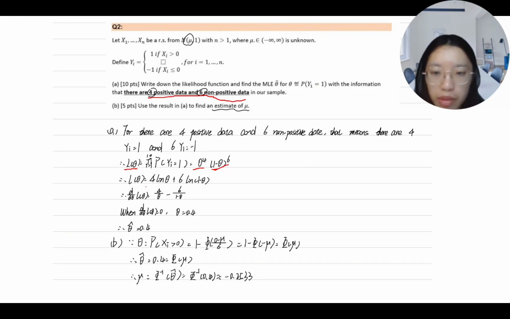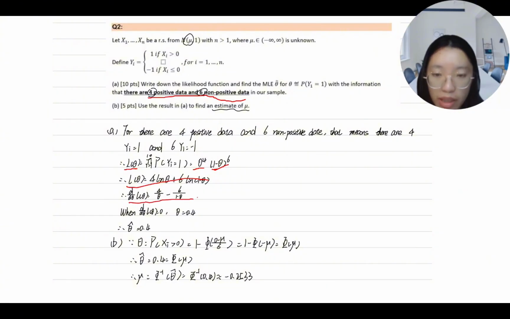And then we take the ln of both sides of the equation at the same time, and we get the small l theta equal to this one. And then we take the differentiation of both sides of the equation at the same time, and we get the expression like this.